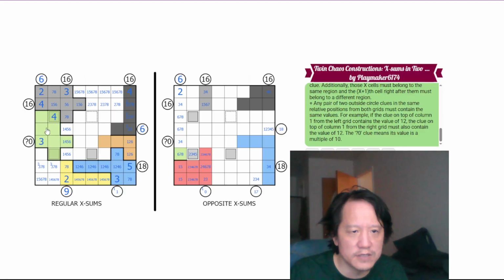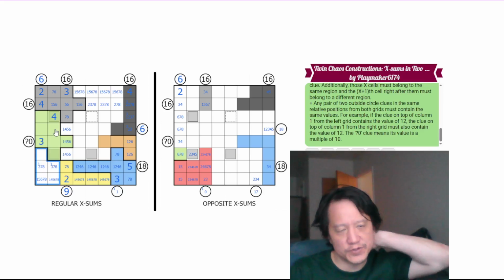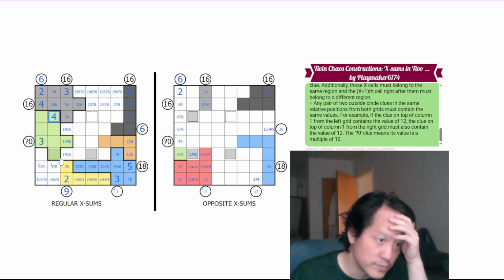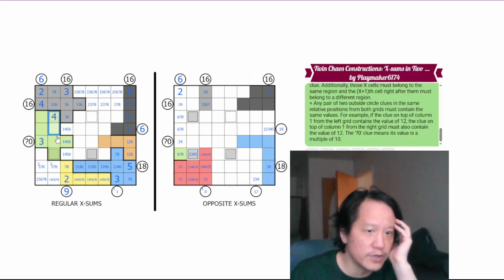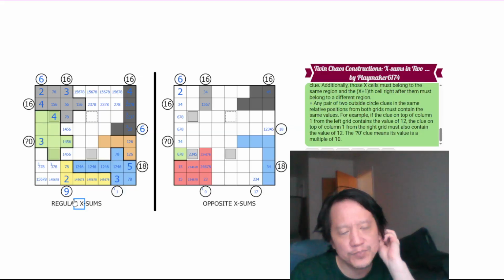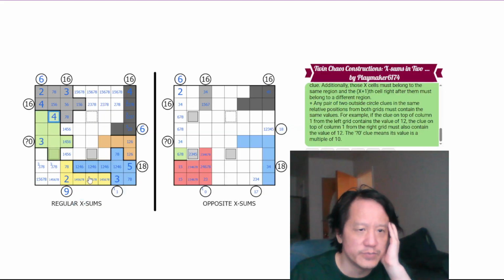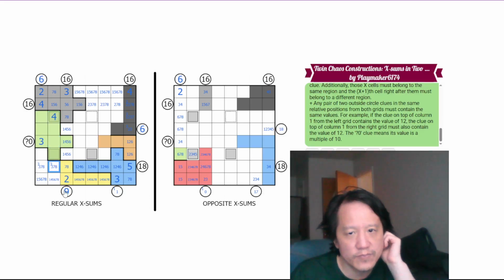And that's because that's 8. 1, 2, 3, 4, 5, 6, 7. We have 5 cells here. So this can never be 4. It's always 2. We tried 3. 3 would force too many cells here to be part of the same region. So this is guaranteed to be 2. Interesting. But we don't know if it counts horizontally or vertically. Right.